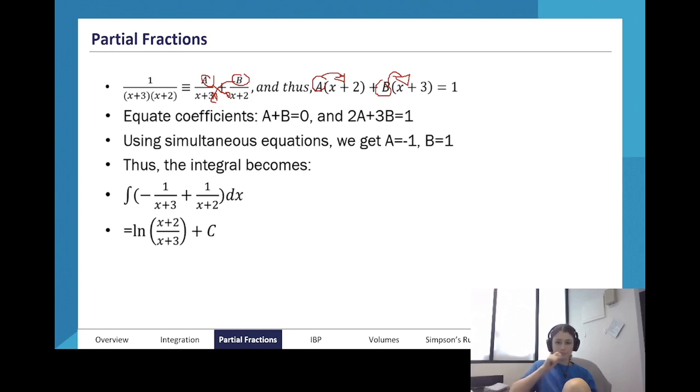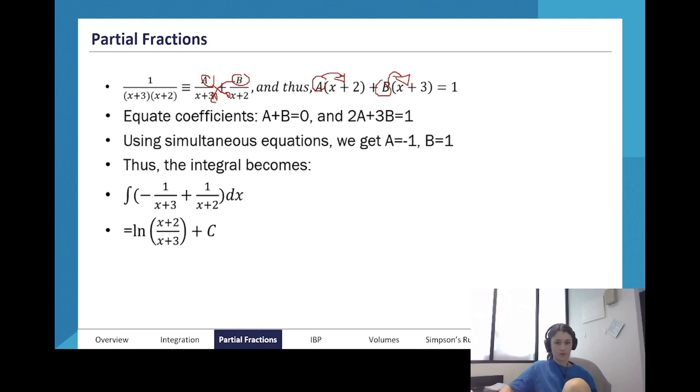Okay, so from here we are going to equate the coefficients. So we are going to get A plus B equals 0, and 2A plus 3B equals 1.